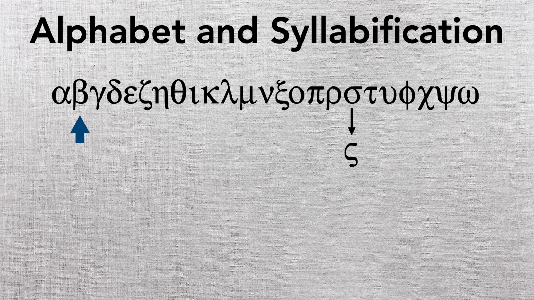Alpha, beta, gamma, delta, epsilon, zeta, eta, theta, iota, kappa, lambda, mu, nu, Xi, omicron, pi, rho, sigma, tau, upsilon, phi, chi, psi, omega. Good job. Hopefully you got a few of those.